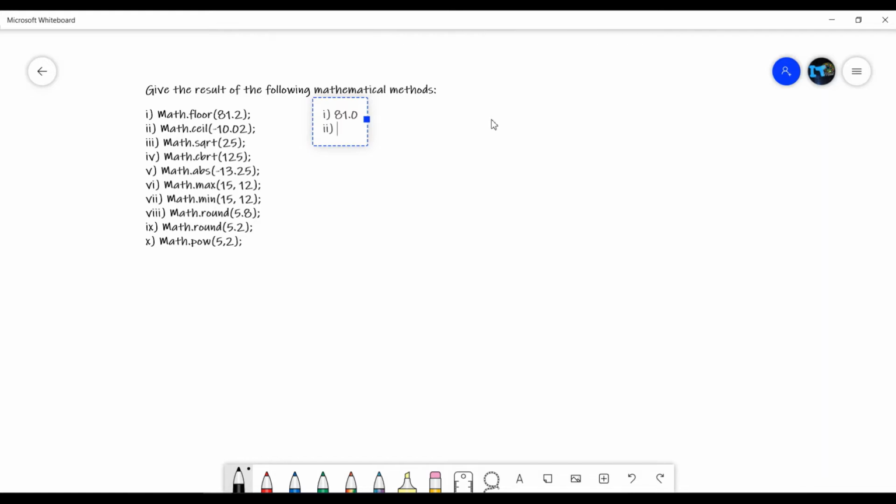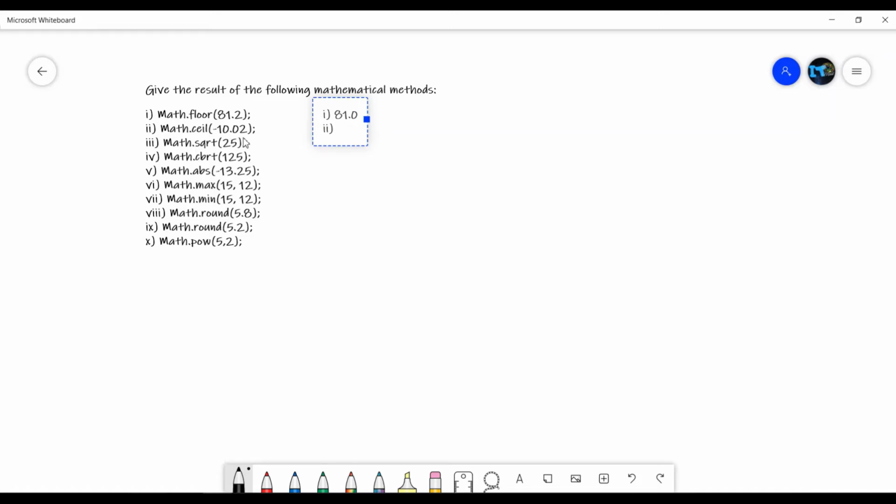Similarly, for the second bit, it is Math.ceil of minus 10.02. What does the ceil method do? The ceil method rounds up the value.